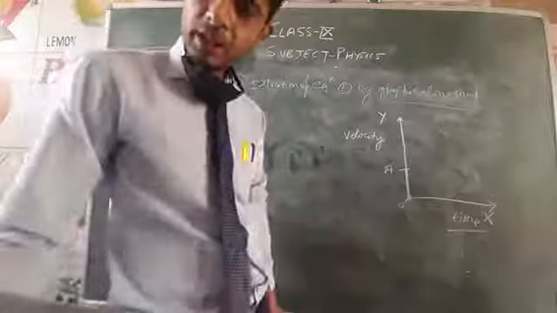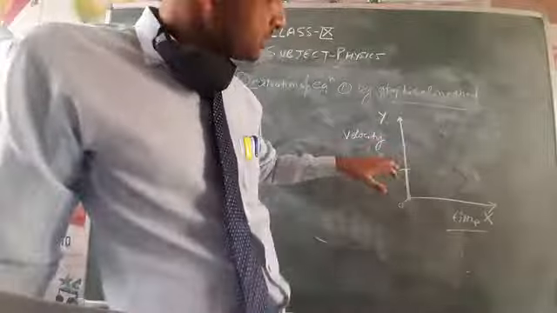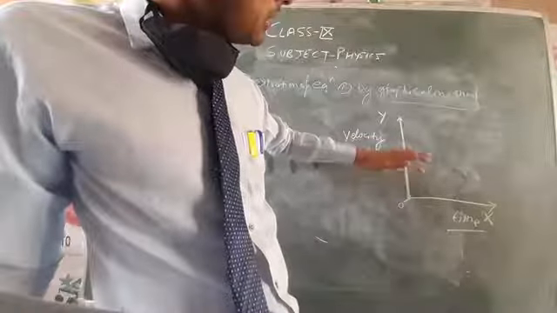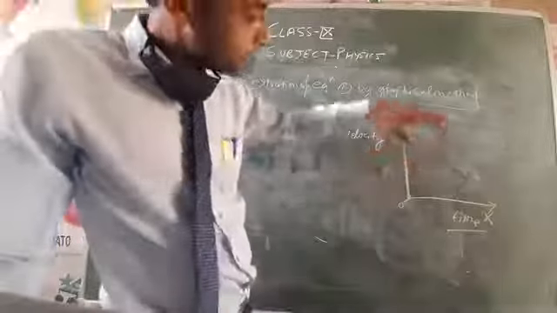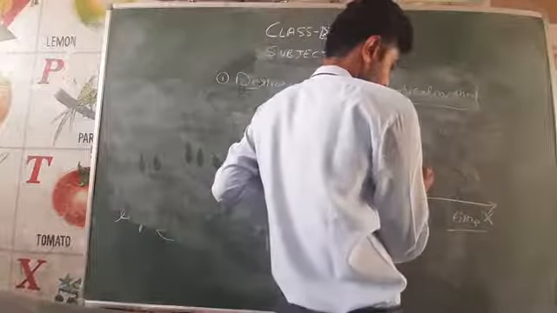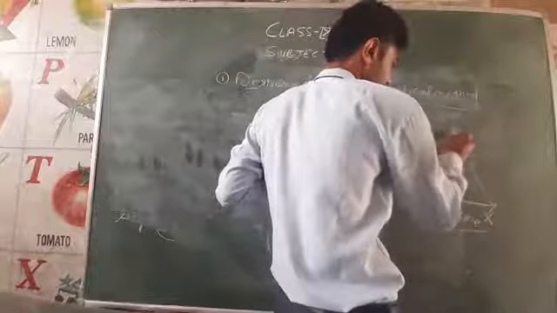This uniform rate is known as acceleration. It means after point A, the velocity changes at a uniform rate, so a straight slope is obtained.